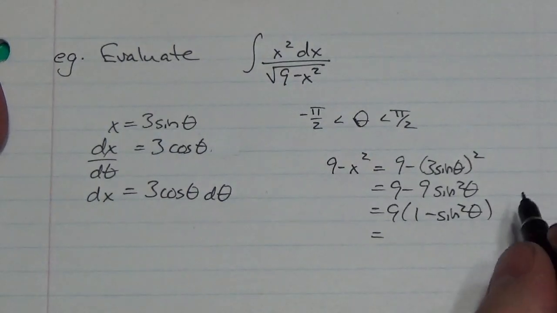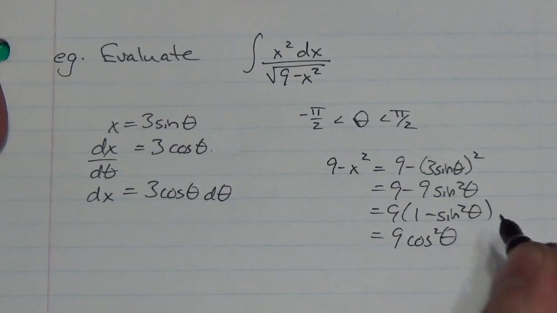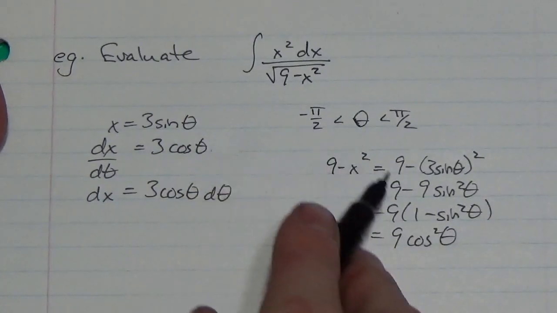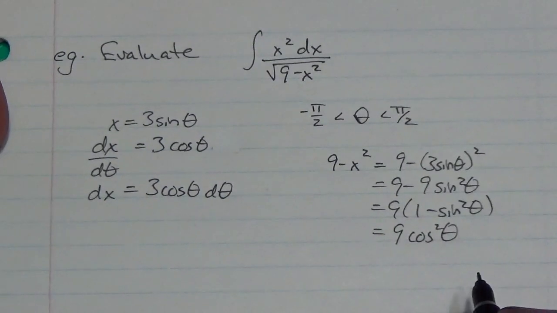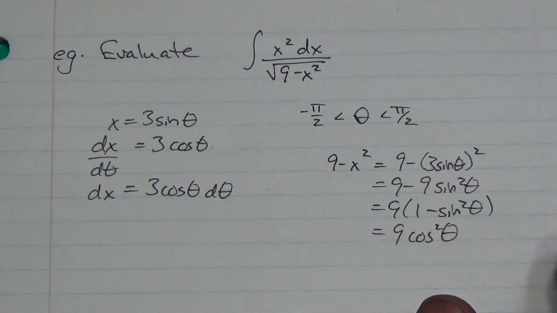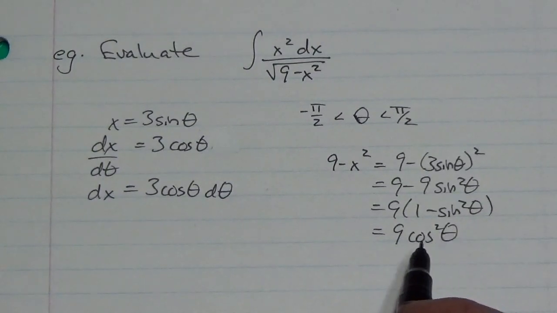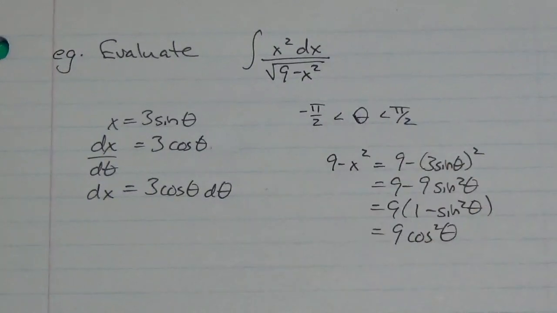And 1 minus sine squared theta is cosine squared. Okay, and so there we go. My substitution works us down to here, and I get this cosine squared. In a little bit, we're going to see that once again, the fact that it's cosine actually works in our favor, particularly with our domain that we're using.